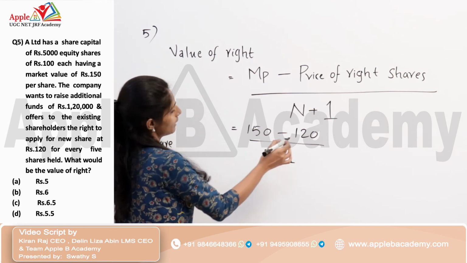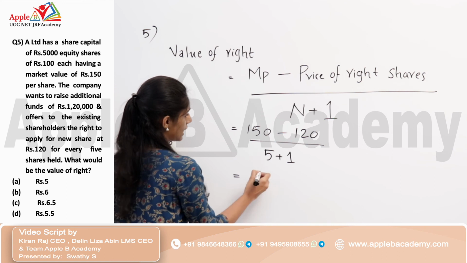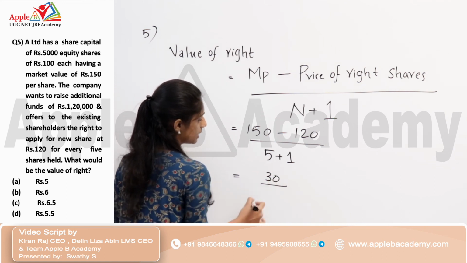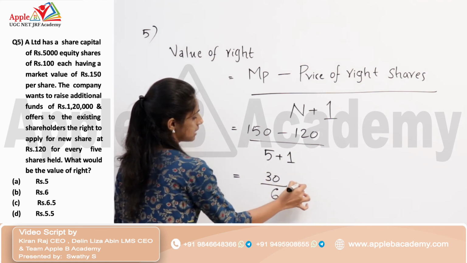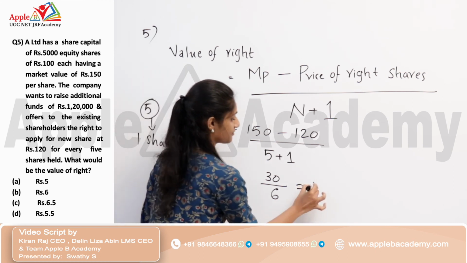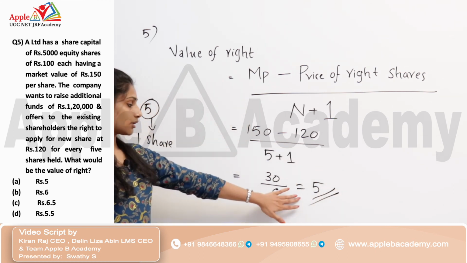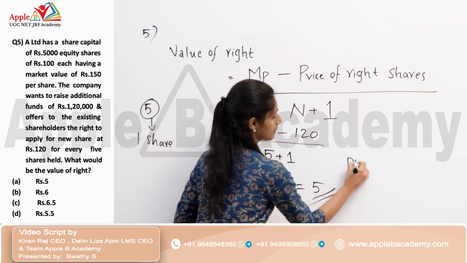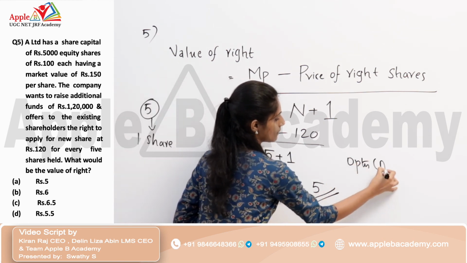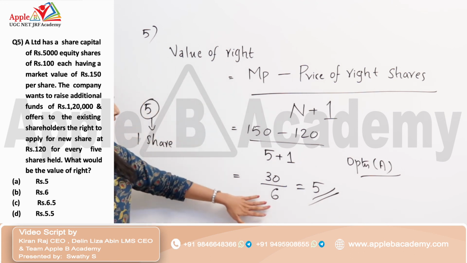So 150 minus 120 gives you 30, divided by 5 plus 1, which is 6, that is equal to 5. So the value of right share is rupees 5, and option A is the correct answer.